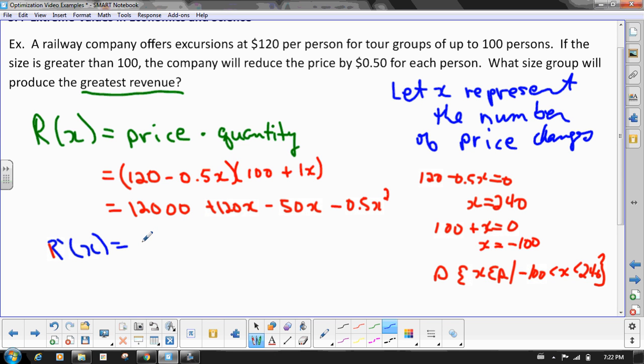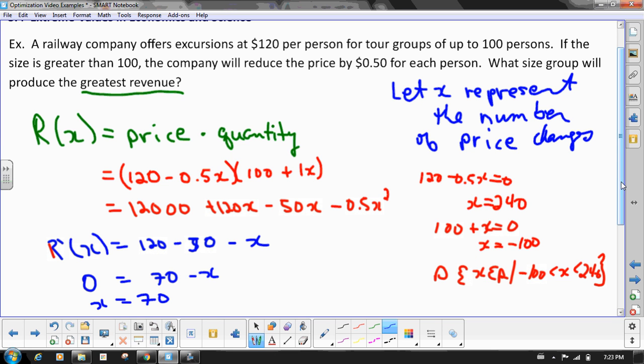The derivative of 120x, I should have actually probably simplified that first, but because I've already started, I'm going to have 120 minus 50 minus x. So I'm going to have 0 equals 70 minus x. So x is equal to 70.